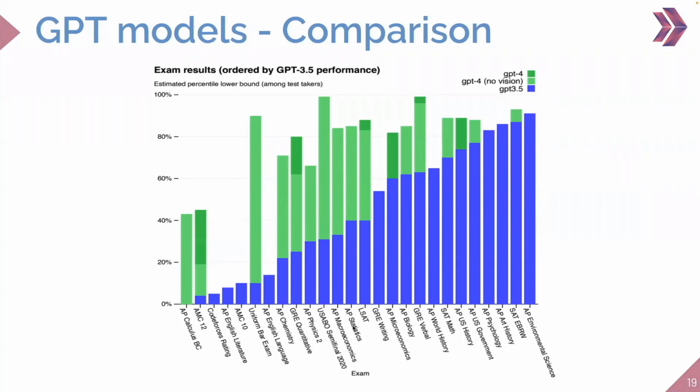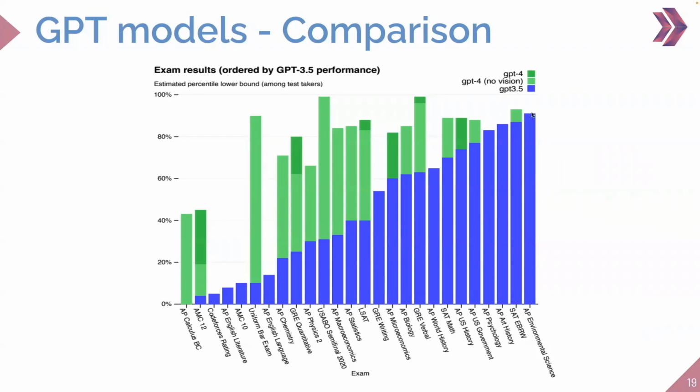They are quite various: statistics, biology, math, but also world history, writing, English language, uniform bar exam. As you see, we have different exams. And for some of them, GPT 3.5 is not very successful. Here you can see the results, scores, they are not very acceptable, right? They are less than 50.